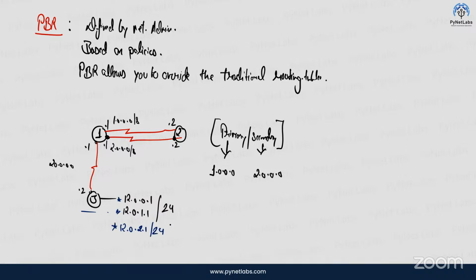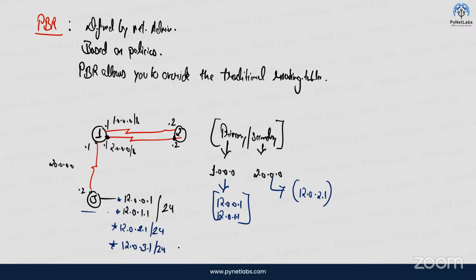Now I want to make sure that 12.0.0.1 and 12.0.1.1 use my primary link, which is 1.0.0. I have this requirement for the primary link, whereas my secondary link, 2.0, is going to use the 12.0.2.1 network.